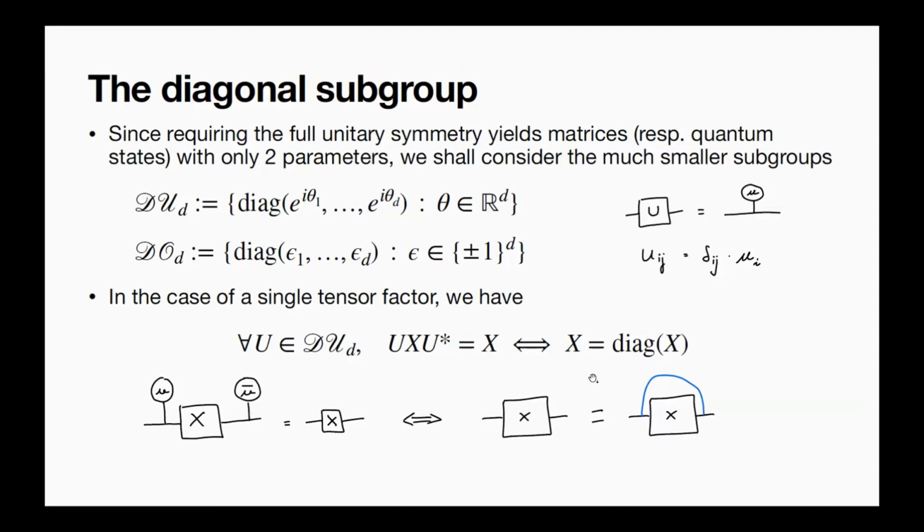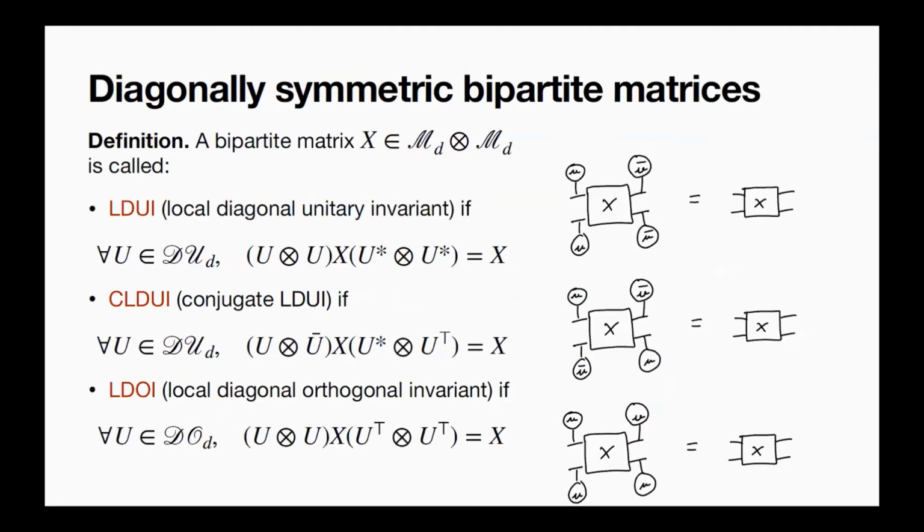So it's a very simple computation. Remember that before, the symmetric matrices, when I asked for the full unitary group invariants, were just the scalar matrices, so multiples of the identity. Now I get a larger set, which are the diagonal matrices. So we gain something.